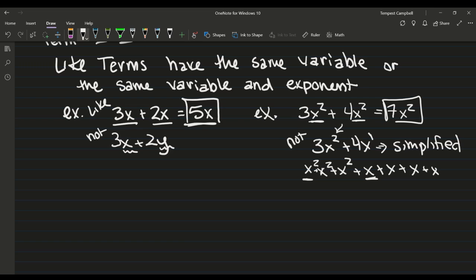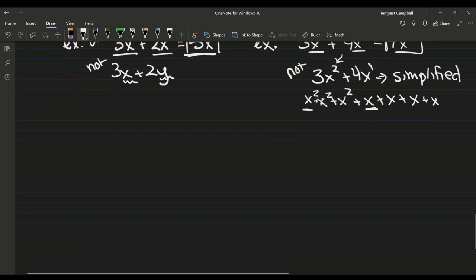Okay. All right. So next we're going to talk about simplest form. So I already kind of talked about it. So simplest form, this should be familiar.